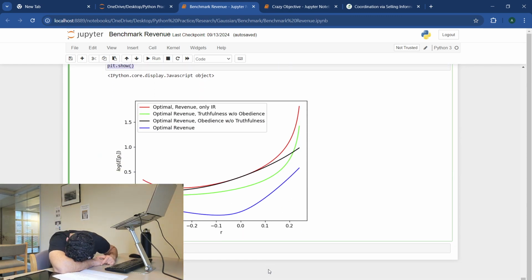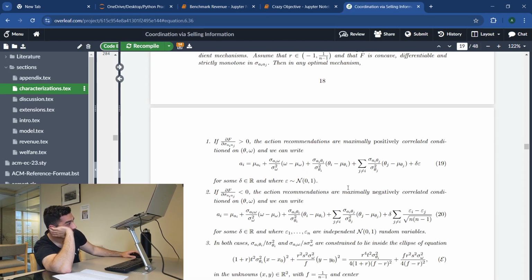Oh, sorry, sigma EIAJ. Either it is this form or this form.